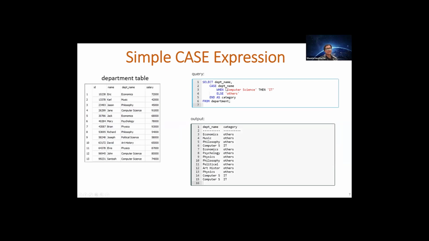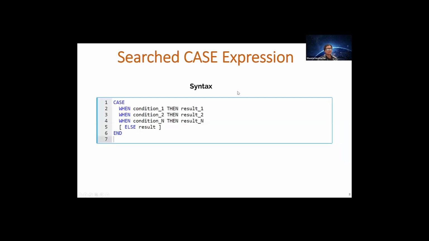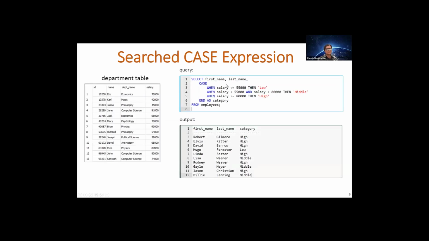Versus what we saw in our previous example, the simple one, where I'm just evaluating an expression, what's the value of this, and comparing the value against something that you have specified. In the searched one, you are specifying some kind of formula or logic that gets calculated, and then high, middle, or low gets assigned to your category. So when you run this query against employees, you will get the first name, last name, and based on their salary, you will see whether it's high, low, or falls in the middle category.